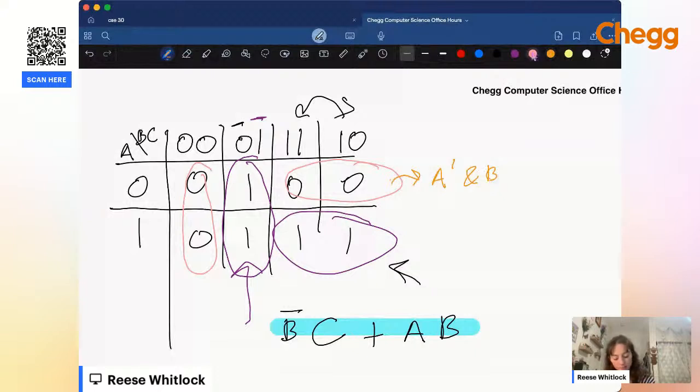So in our sum of products, we can write that as A or not B. And then the second one is going to be, let's see, these two. So not B and not C. So in our equation, we can write that as B or C because we invert them when writing sum of products.